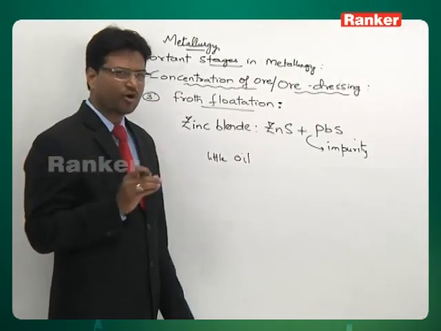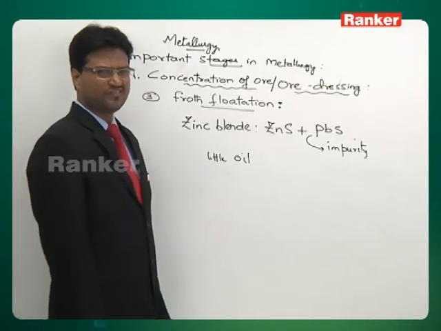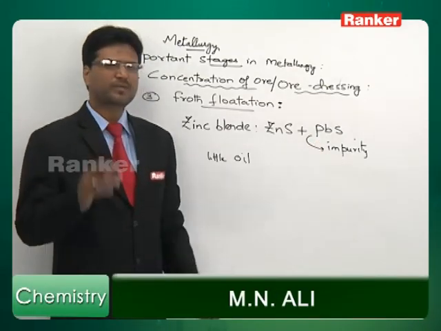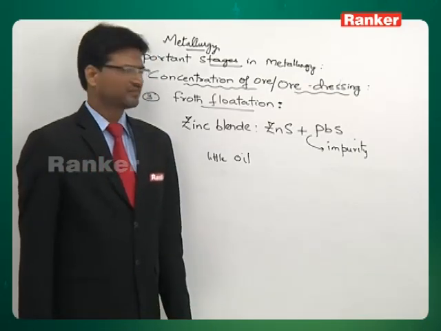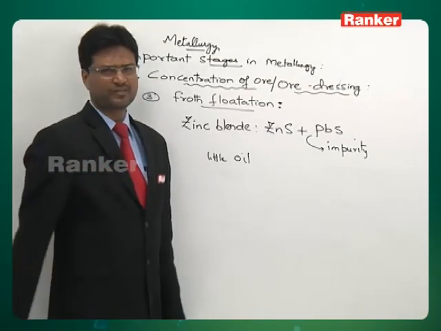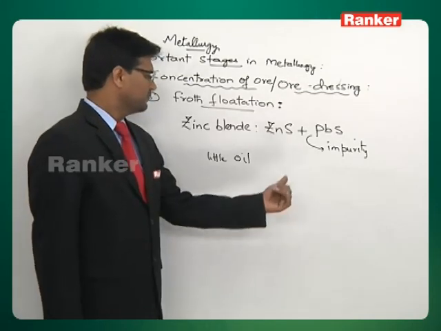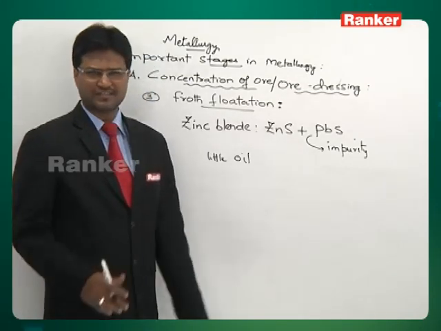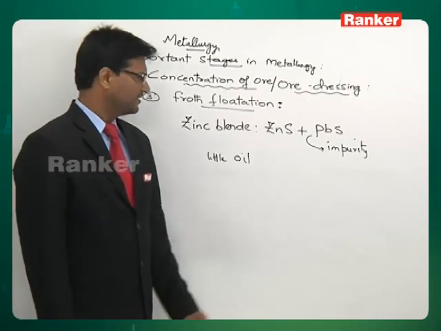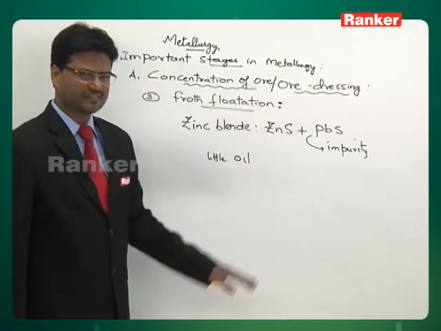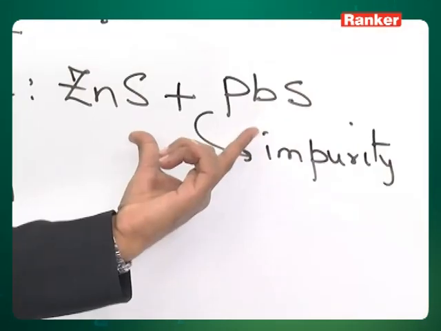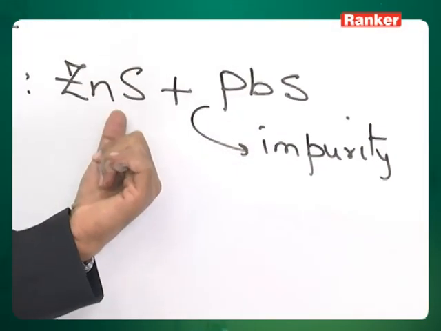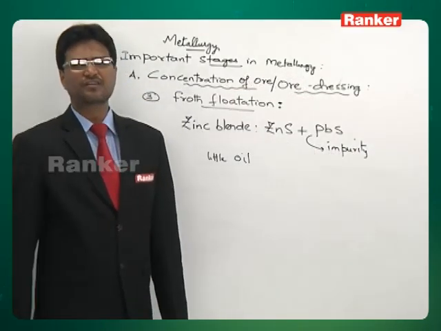First, we add very little oil and do the agitation so that all the PbS gets preferentially absorbed on the froth, and this froth is removed and then more oil is added. Again, this agitation is continued. So, this time ZnS gets attracted to the froth. So, this is how it is possible to have selective adsorption of ZnS on the froth.